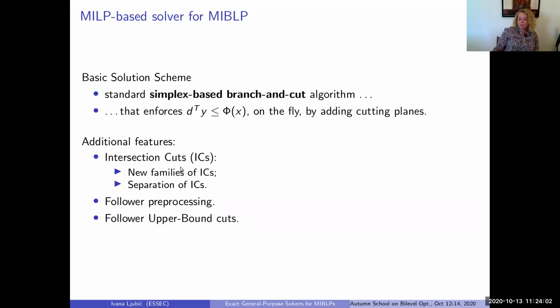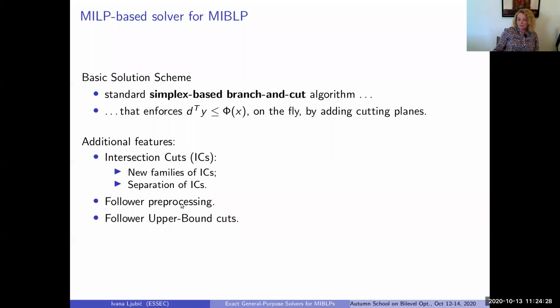And I will show you later in the afternoon additional ways of deriving intersection cuts and a way to separate them, and also some tricks on how you could pre-process the follower subproblem and try to fix some of the variables from the lower level problem and add them into the upper level, which can have a significant impact.